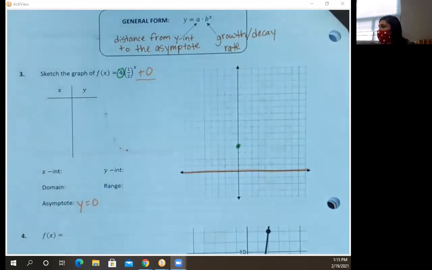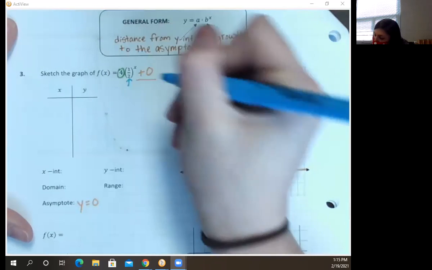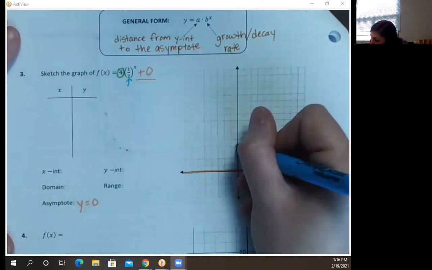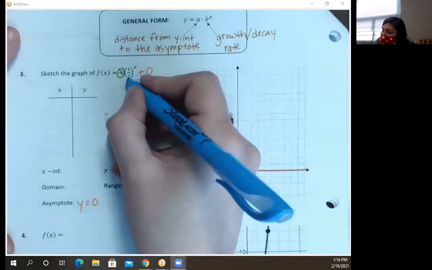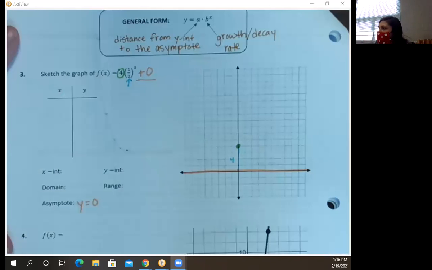And then to find more points on my graph, I'm going to use the base of the exponent, that 1/2. This is telling me how that distance from the asymptote changes each time. So I start off with a distance of 4. This says multiply that by 1/2 or cut it in half. What's half of 4? 2.